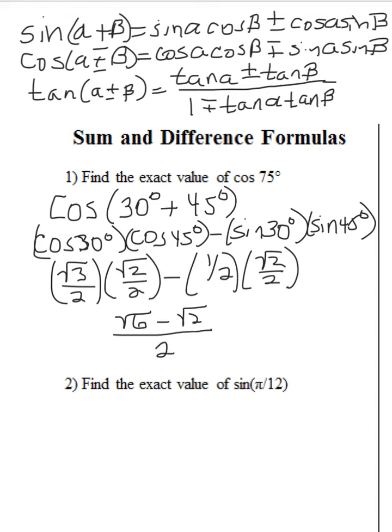So we multiply root 3 times root 2, and we get root 6, minus 1 times root 2 is root 2, all over our common denominator of 2. And this is the answer for our evaluation of cosine 75 degrees.